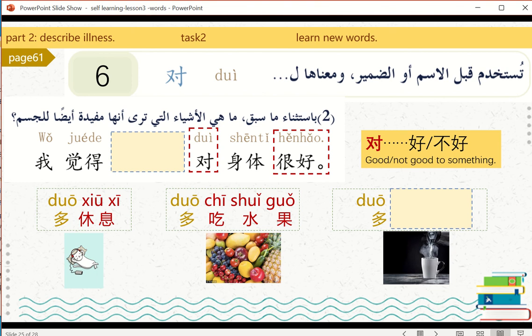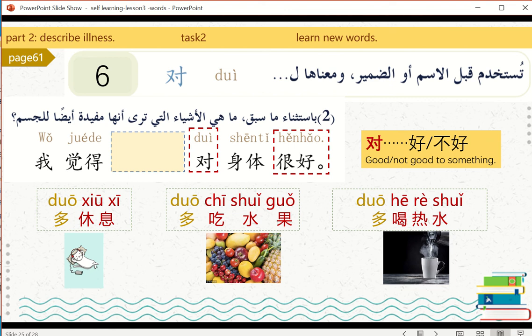In China, people like to drink hot water. 热水。所以我们说多喝热水对身体很好。Drink more hot water is good to your body. But this is only Chinese culture. I don't think it's universally accepted, or maybe it's not even scientifically accepted. It's just a cultural understanding.